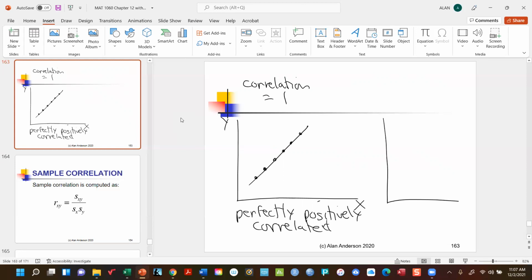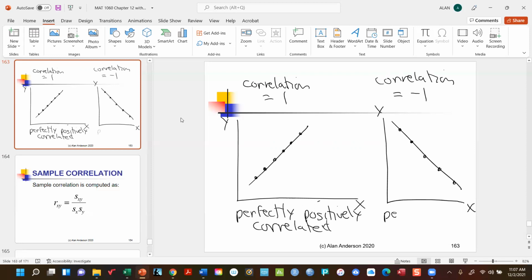And then the other extreme possibility is this one, as you can probably guess. The correlation is at the other extreme, -1. And we say that these variables are perfectly negatively correlated. So you don't see that very often in the real world, but this is the theoretical limit to how high and how low correlation can go.